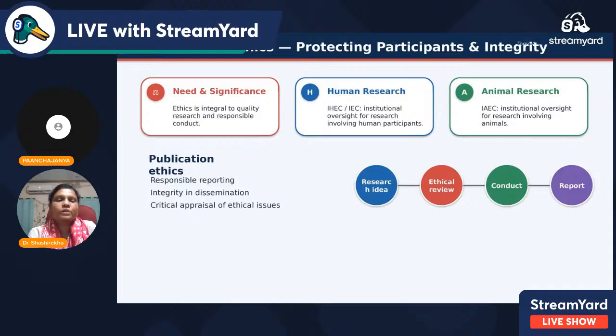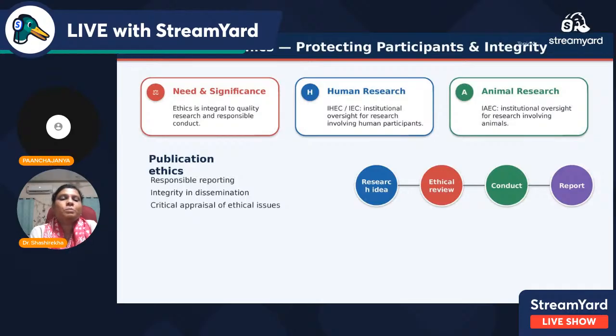That's why you must get permission from the Institutional Human Ethics Committee, or if you are doing an animal study, you must get the certificate from the IAEC, the Institutional Animal Ethics Committee. These two may come for 5 marks, the human research and the animal research. You must prepare them for 5 marks.